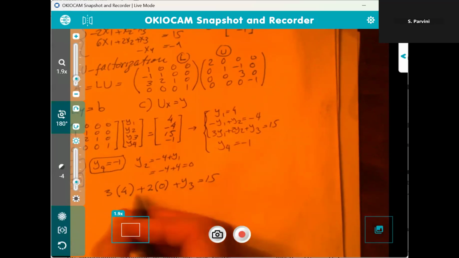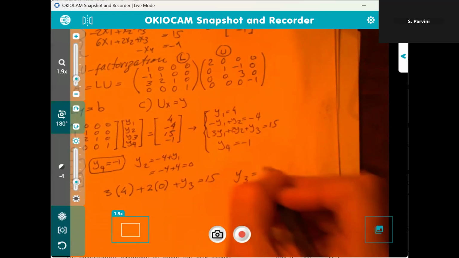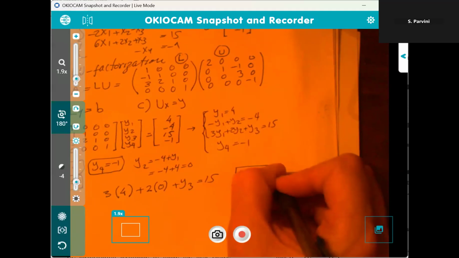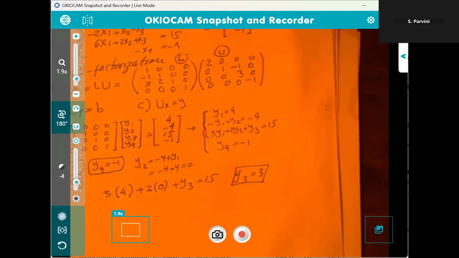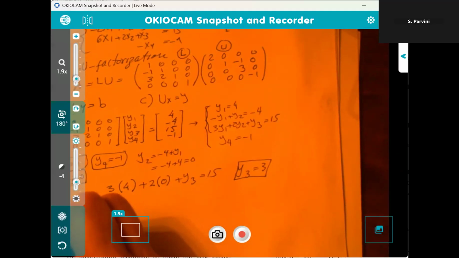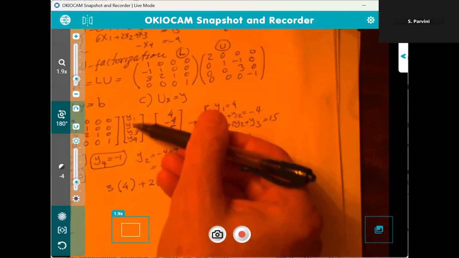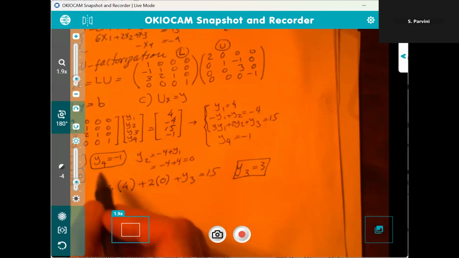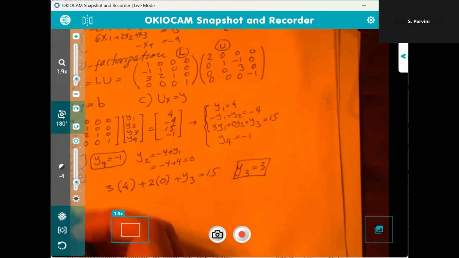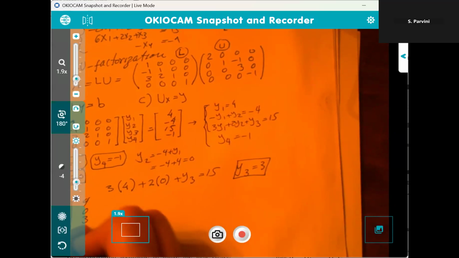This is 12, subtract 12. I hope I did this right. y3 is 3. Therefore, the y matrix, y1, y2, y3, y4, is going to be 4, 0, 3, negative 1.